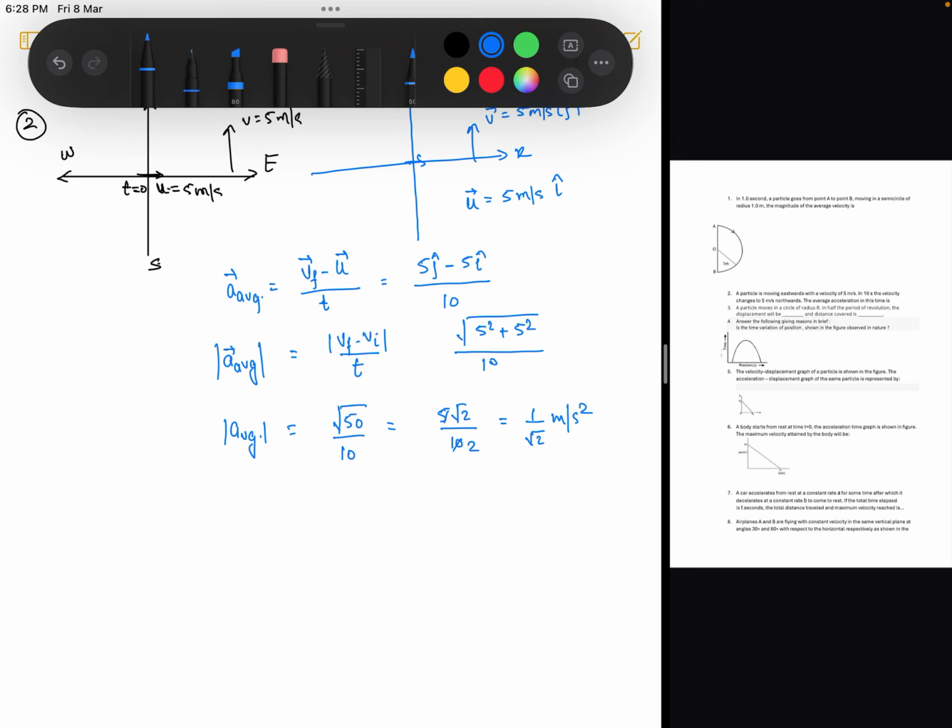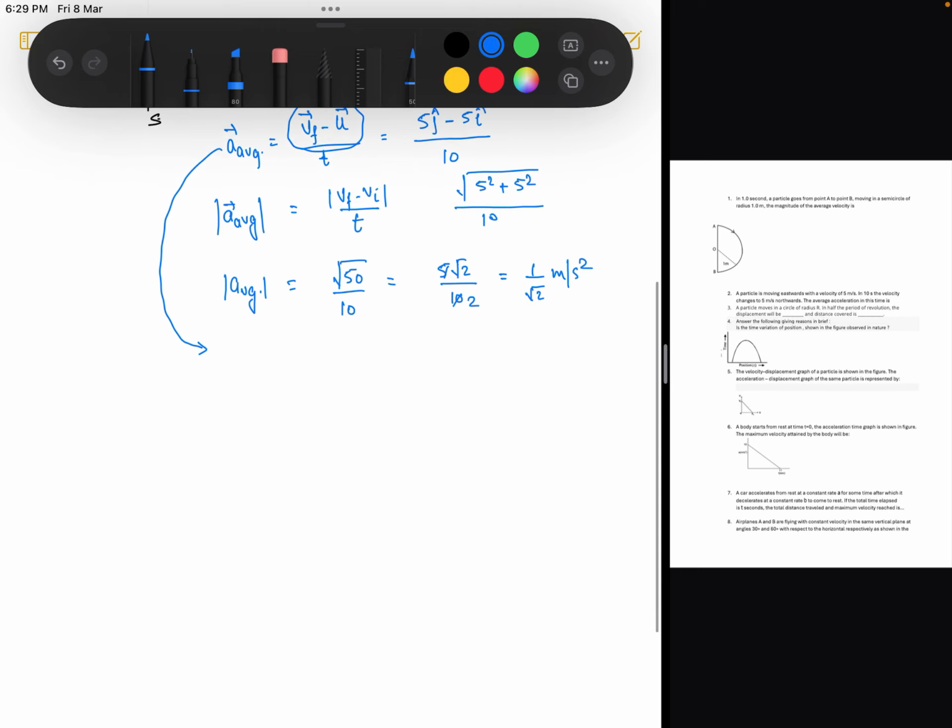Now how will we calculate the direction of this average acceleration? So we will use the vector summation method. From this equation, the direction of this average acceleration vector will be the direction of the resultant vector.